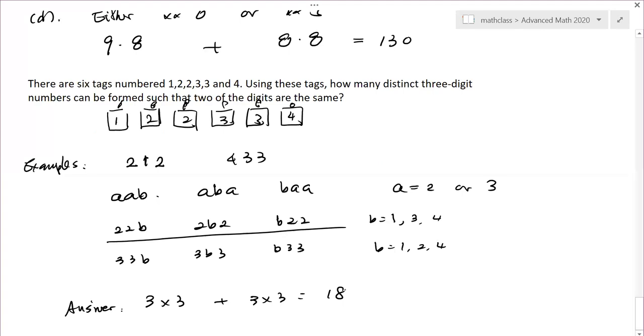So in total, you have 6 groups here, 6 times 3, which is also 18.